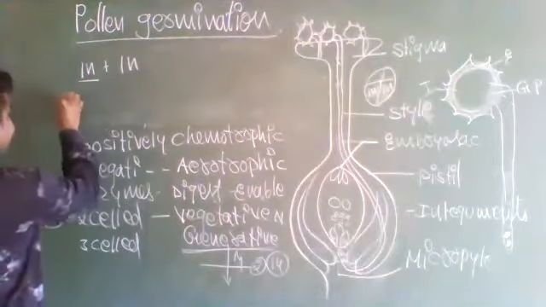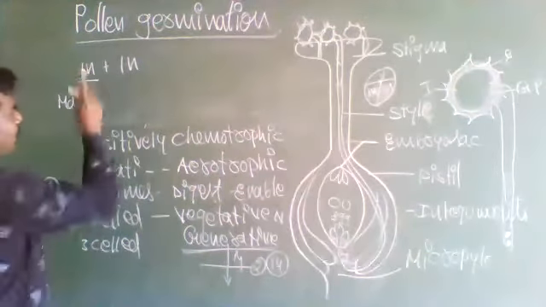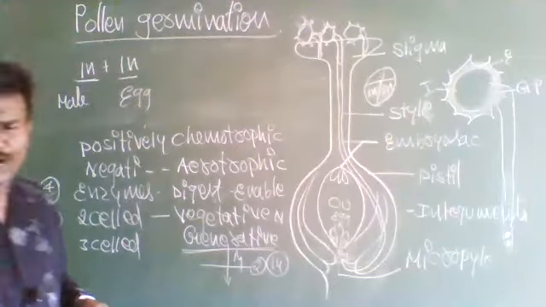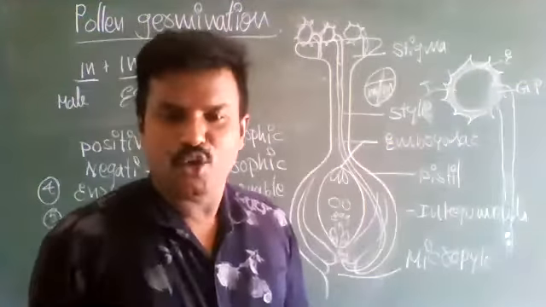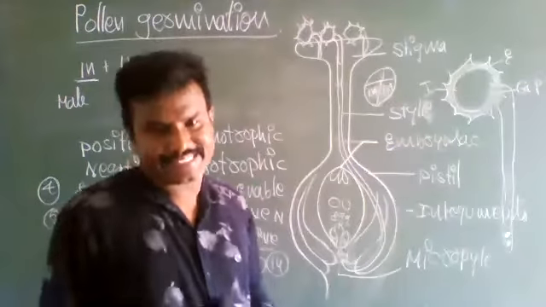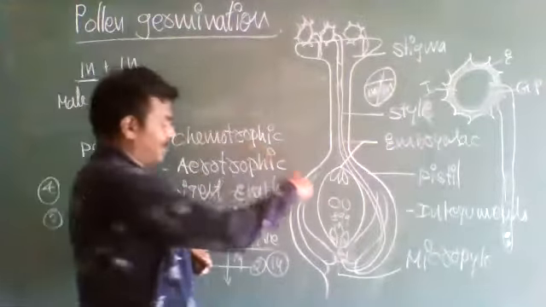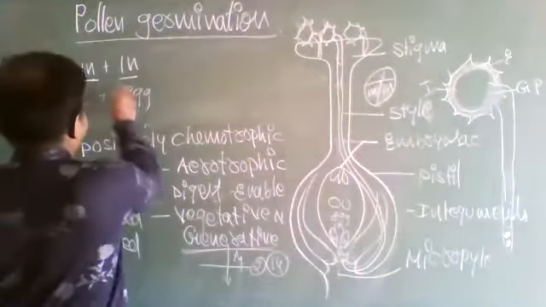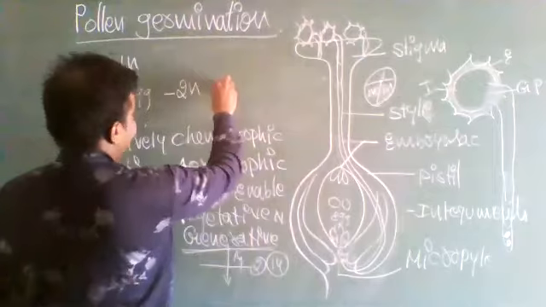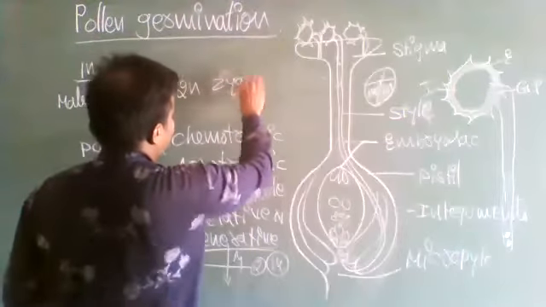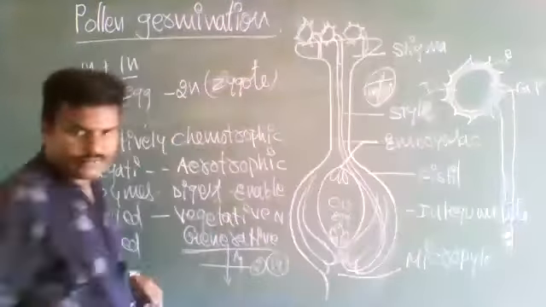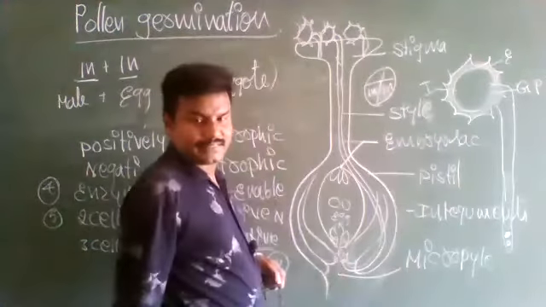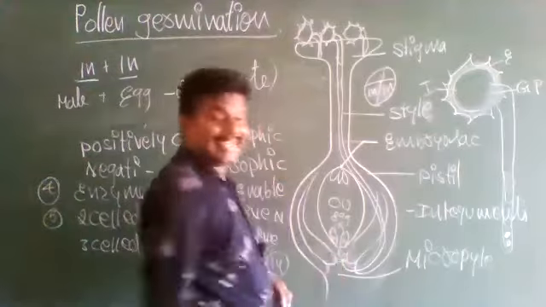One male gamete fused with the egg cell located in the embryo sac. Both are haploid. Here the egg cell becomes diploid, zygote is formed. Diploid zygote is formed.